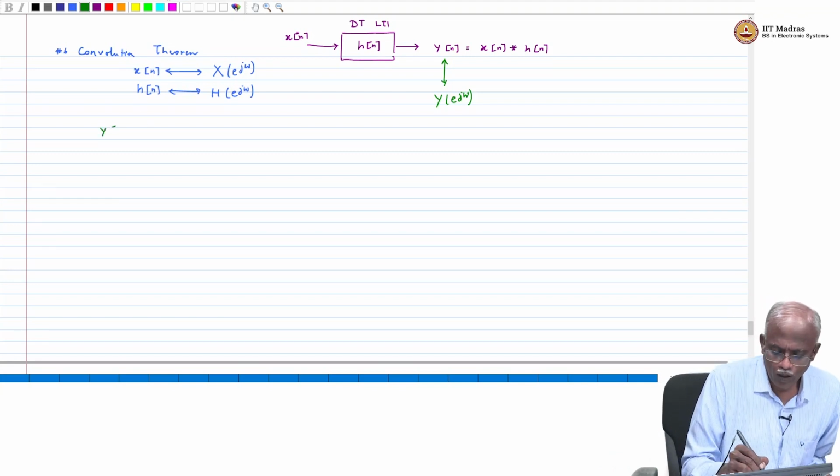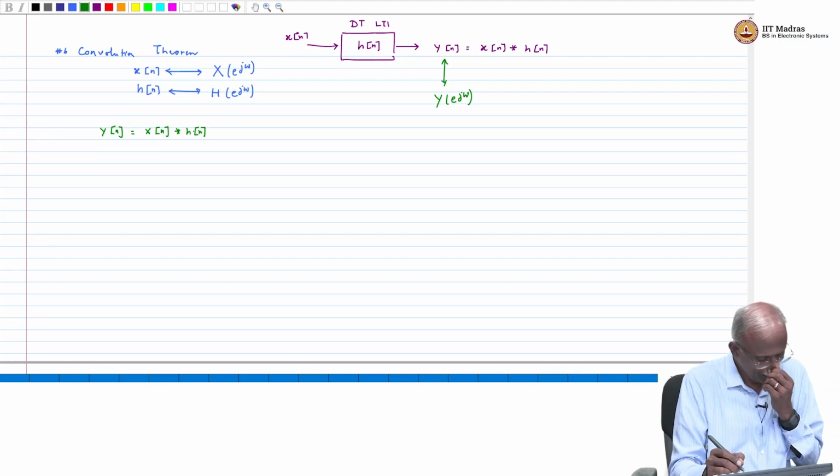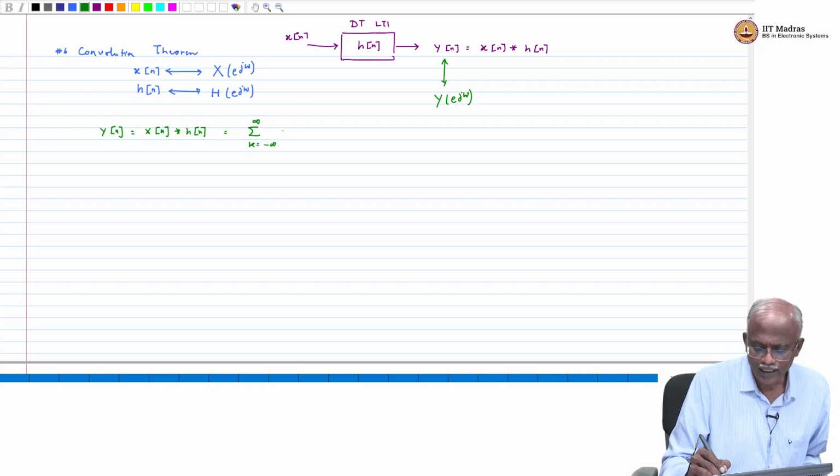So, let us see if we can derive that. y of n is equal to x of n convolved with h of n, which is given by summation k equal to minus infinity to infinity x of k h of n minus k.